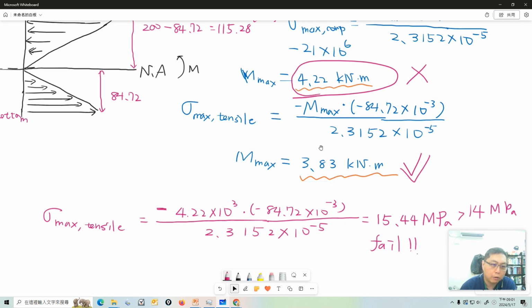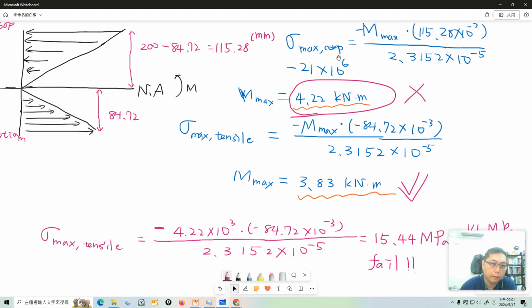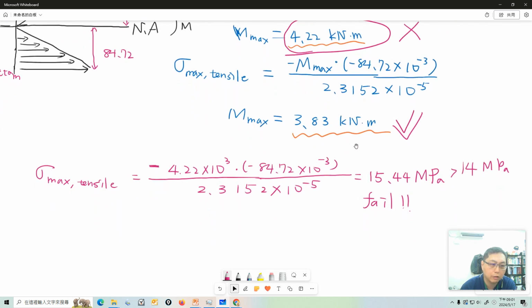And this value should also keep the maximum compressive stress under control. Is that really true? Let's use this in the back calculation again.